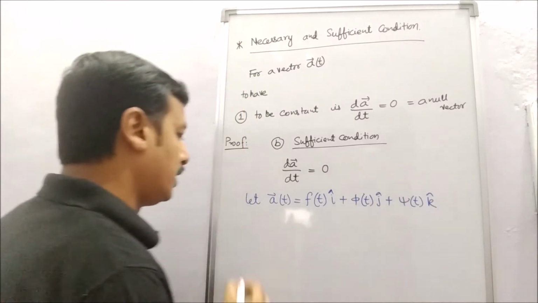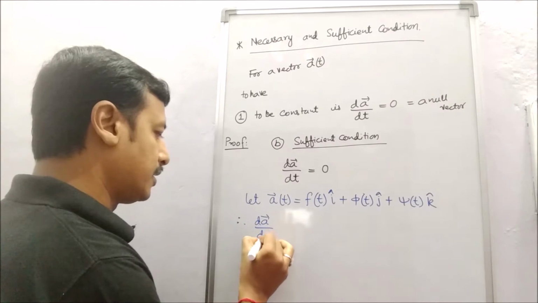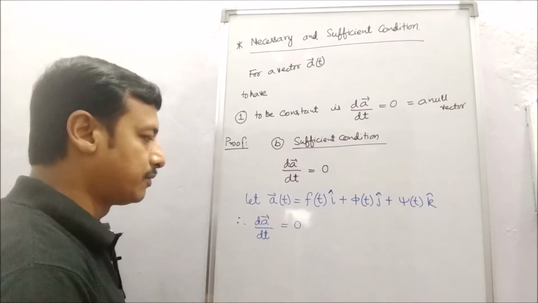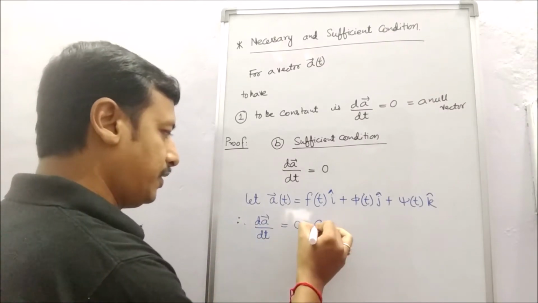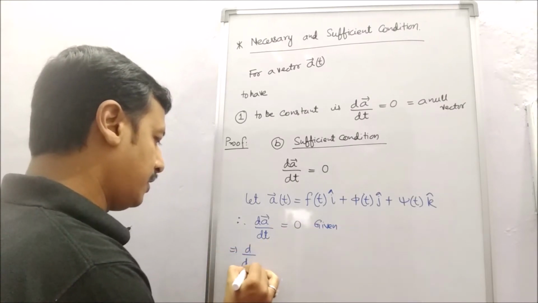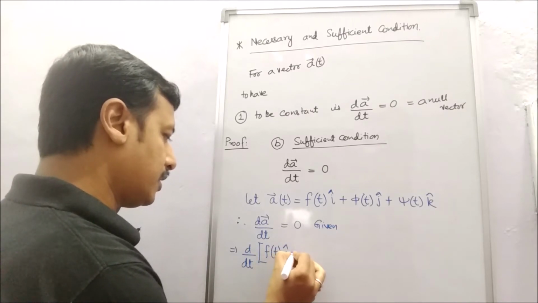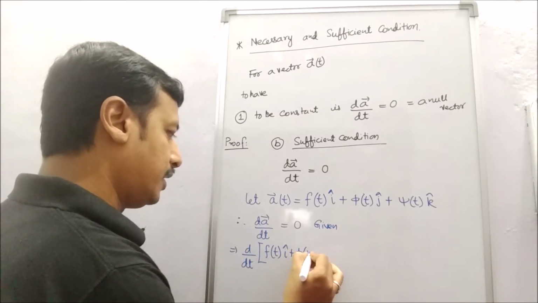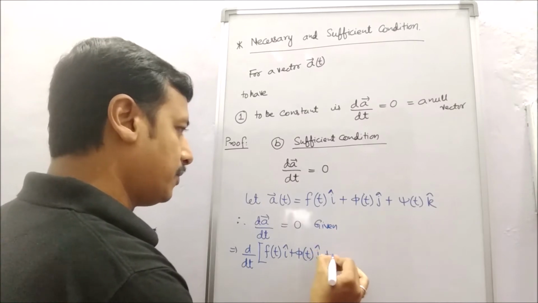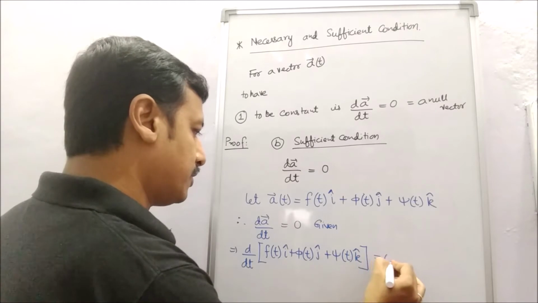Therefore dA by dt is equal to 0, so it is given. So in place of A we put f(t) i plus phi(t) j plus psi(t) k, and this is equal to 0.